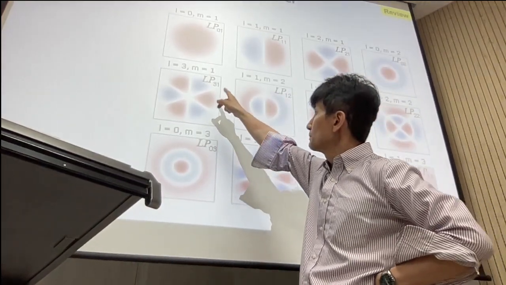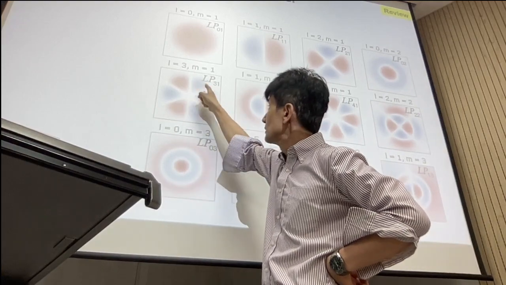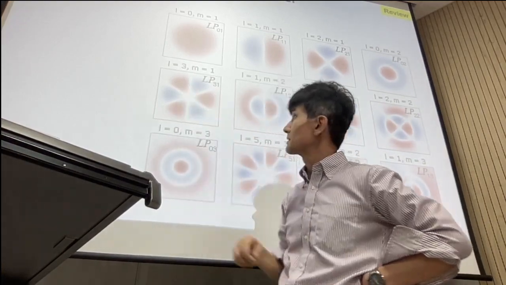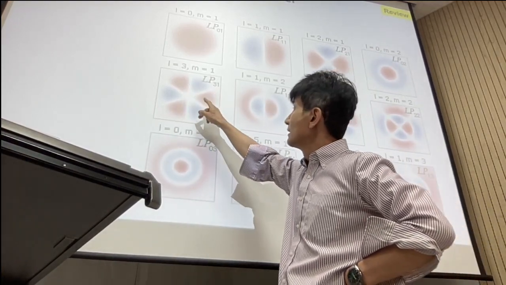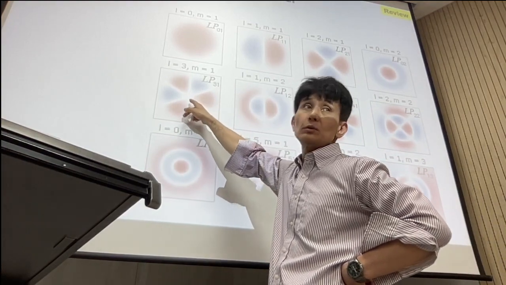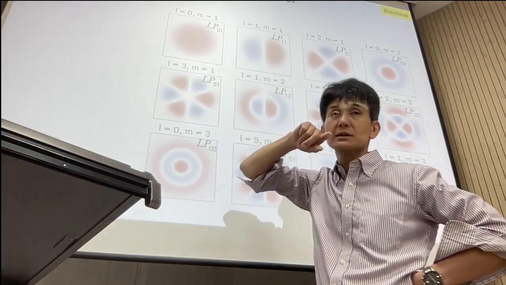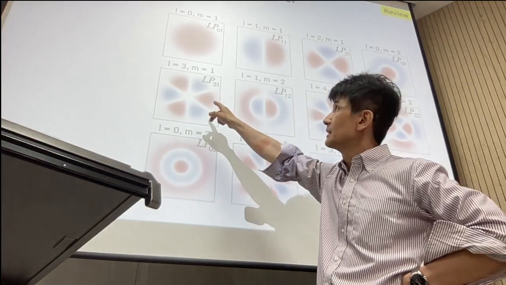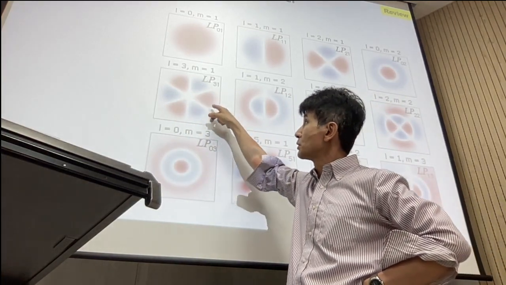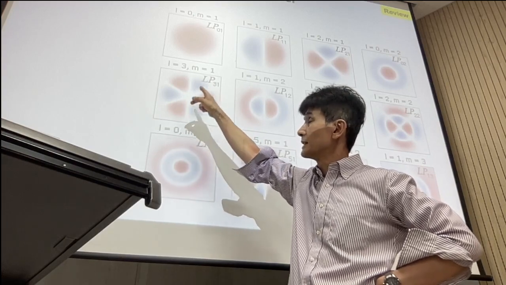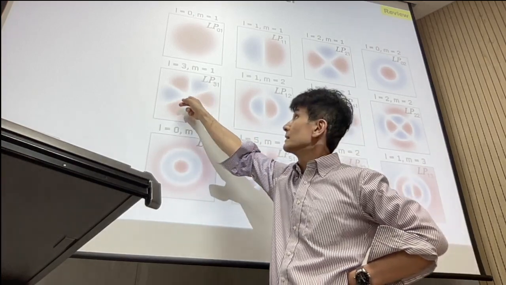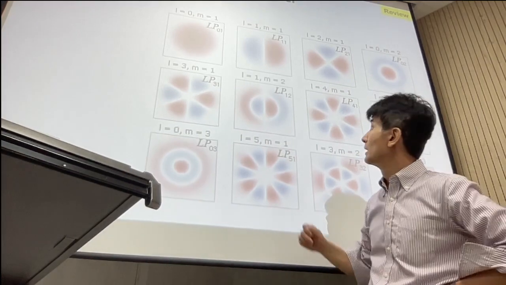If you take a look at LP31, we have 1, 2, 3, 4, 5, 6 zero crossings, and the center should be 0. It's like the spherical harmonics. If we have a non-zero azimuthal quantum number, the center should be 0.